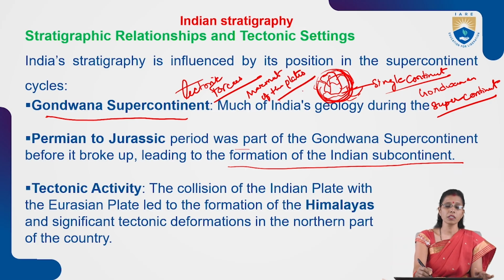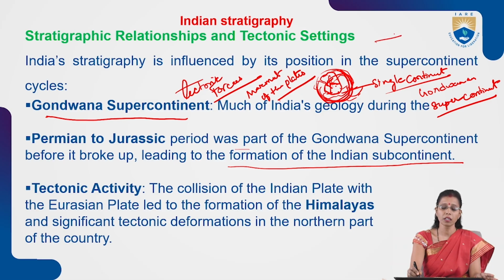Okay, plates means all the continents, which are continuously moving. So as you can see, all the continents were together. Now these continents are slightly separated from their sides. It is moving apart slowly.